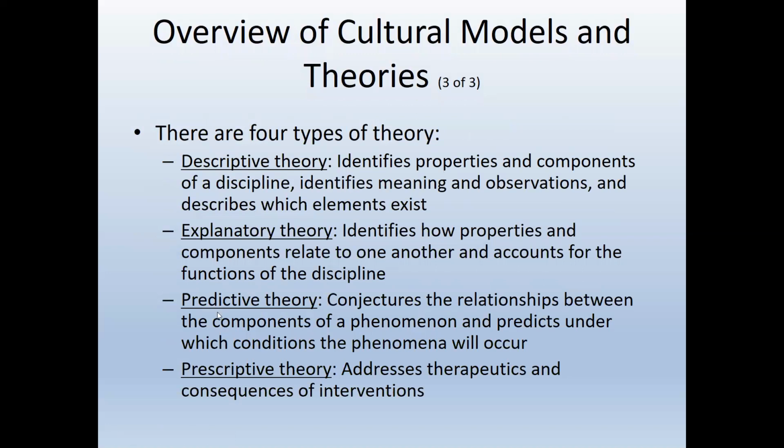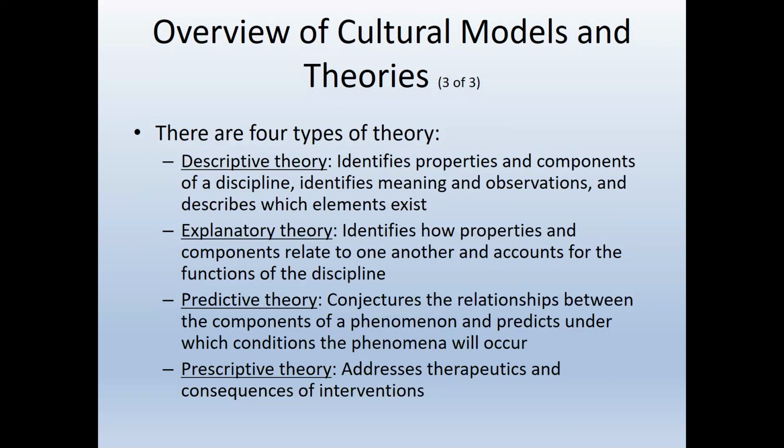There's descriptive theories, and these identify properties and components of a discipline. They can talk about their meaning, observations, or even just that something exists. There are theories that explain, so they identify how properties and components relate to each other and end up explaining some particular function of our discipline. Several of you have looked at communication, for example.